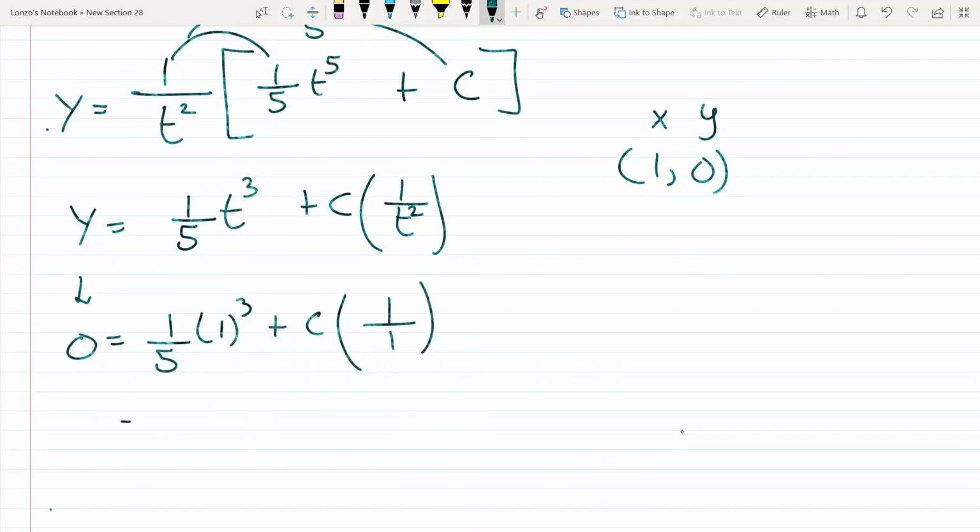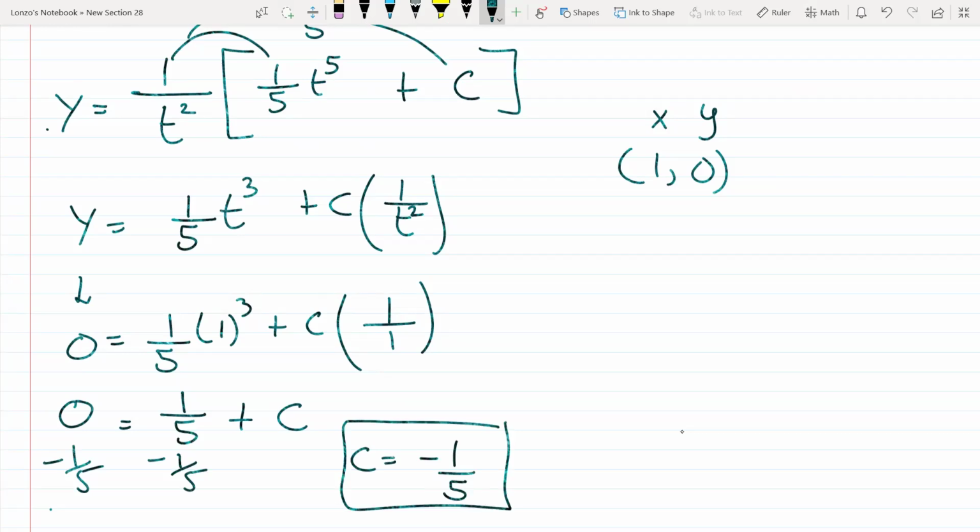So this is going to be 1/5 times 1 is 1/5. c times 1 is c. And then solve for c, so you're going to subtract 1/5 from both sides. So c is negative 1/5.